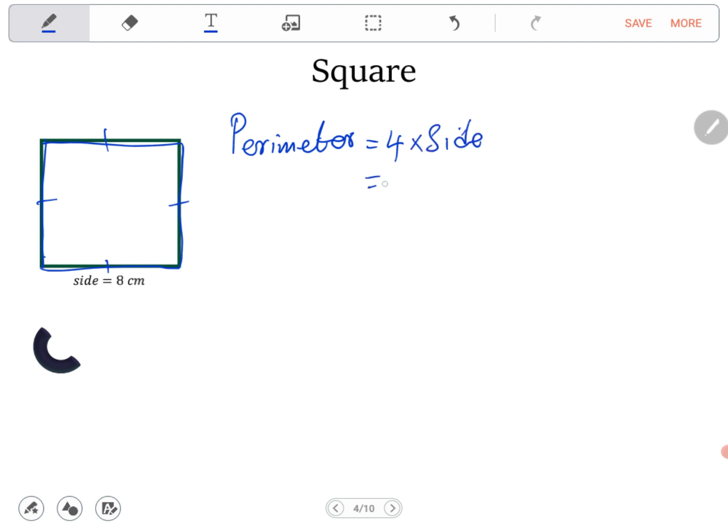When we calculate, it will be 4 times 8 centimeters, which gives us 32 centimeters.